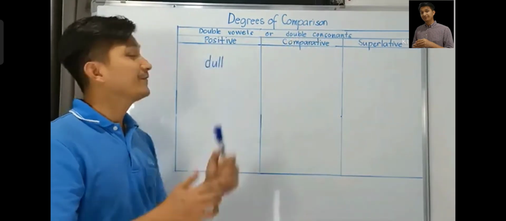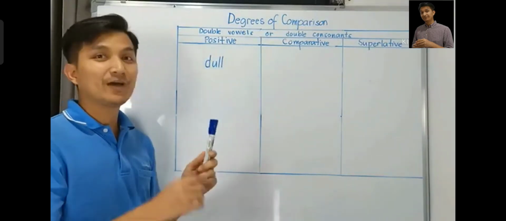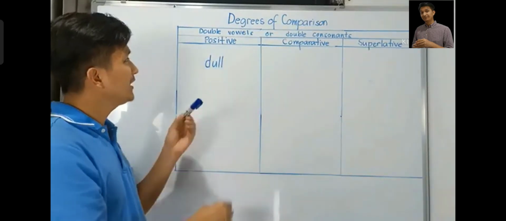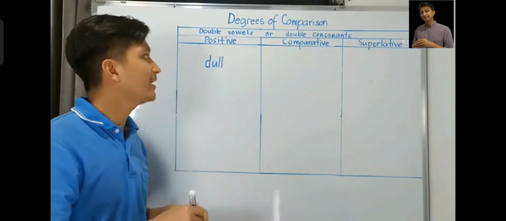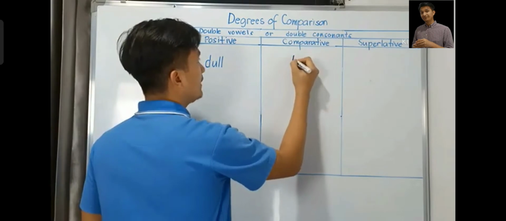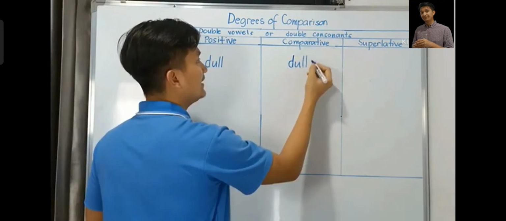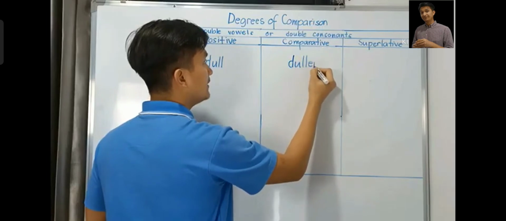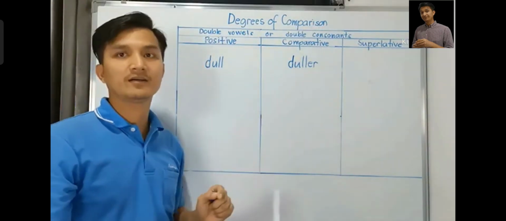Okay, my first word is the word doll. And remember, if you see two consonants here, you will add ER, right? So let's write the word doll, and two consonants, right? So ER. So doll, doller.